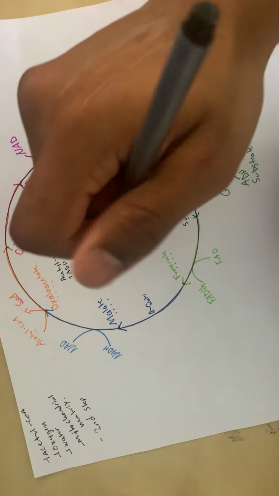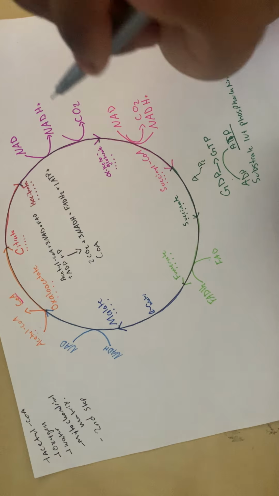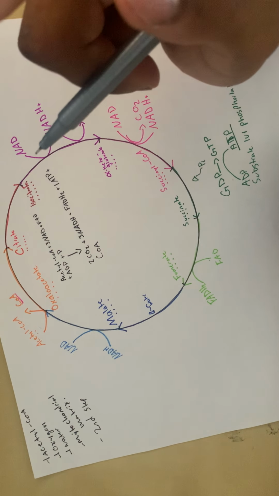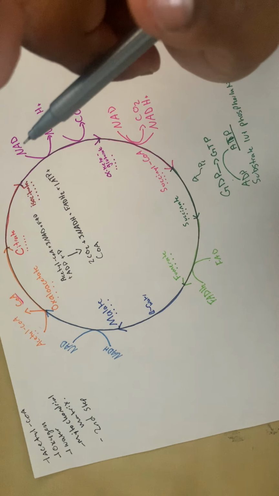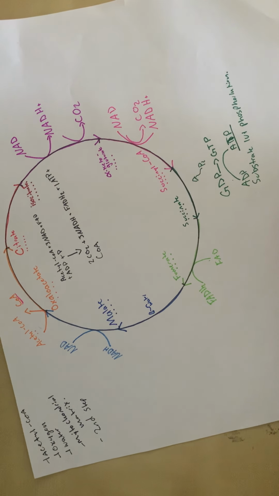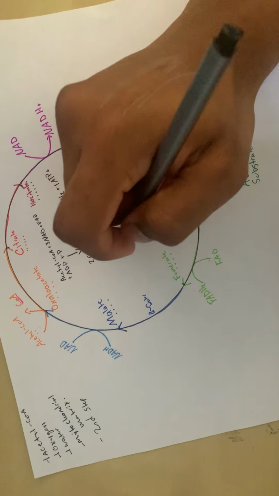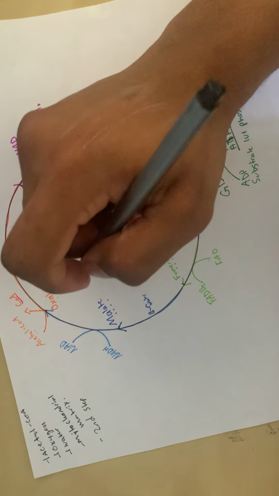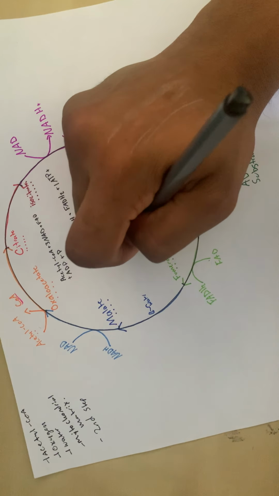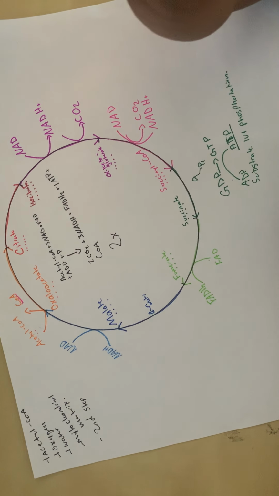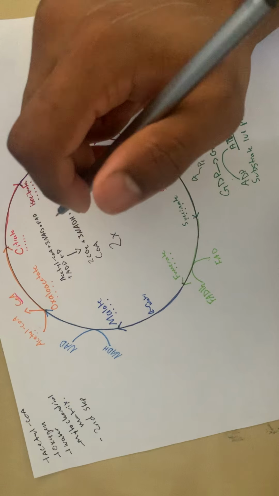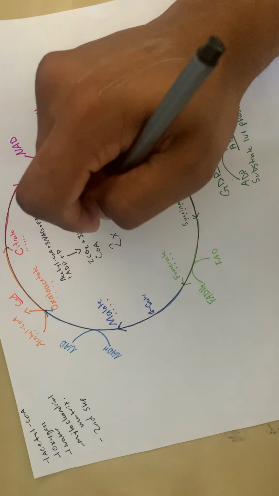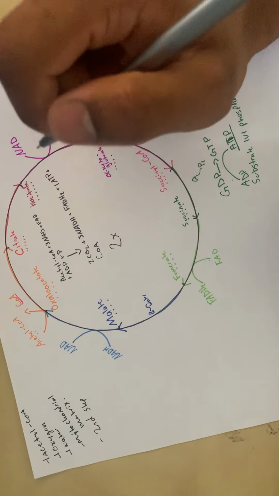And something that's important to note is that from glycolysis we have 2 pyruvate molecules. Thus, 2 acetyl-CoA molecules are produced from glycolysis. So this whole cycle is going to go through 2 times. And if we want an easier summary, all of these products are going to be multiplied by 2.